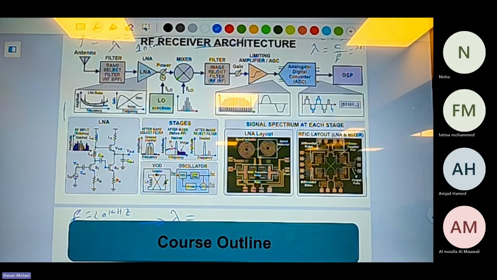The length we divide by the frequency: 3 multiplied by 10 to the power of 8, over 20 times 10 to the power of 3.